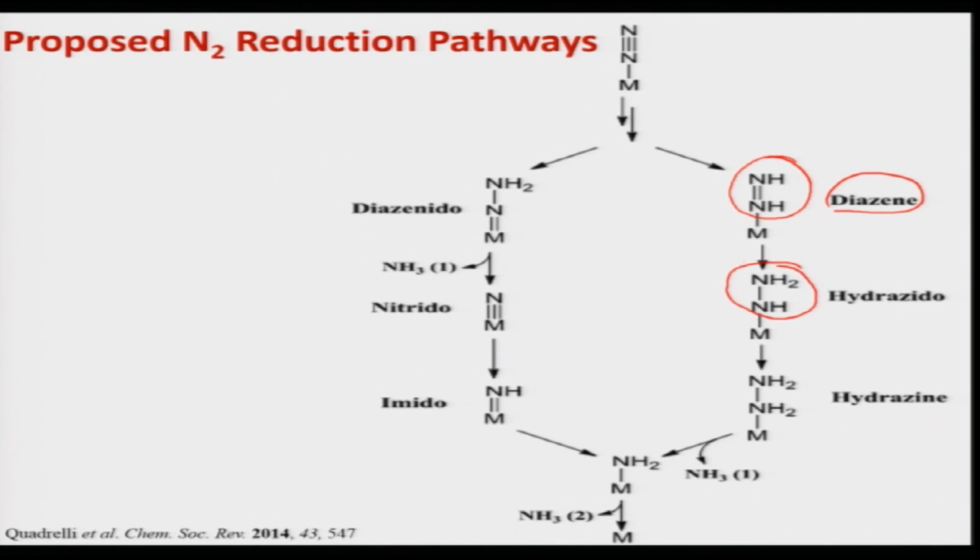This hydrazido after giving one more proton forms hydrazine, and this hydrazine releases one molecule of ammonia in the presence of one proton, and this intermediate releases another molecule of ammonia with the help of one more proton. So, you see that 6 protons are involved to produce 2 molecules of ammonia.